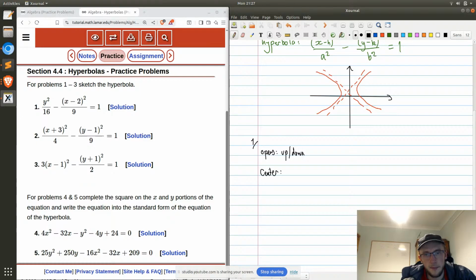Center, 0, 2. No! That doesn't make any sense. Surely it would be 2, 0. Right? Okay.